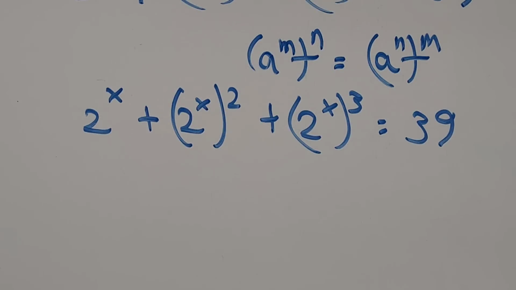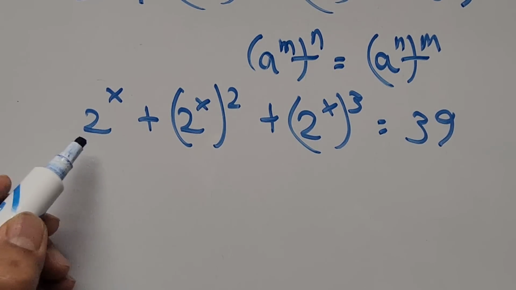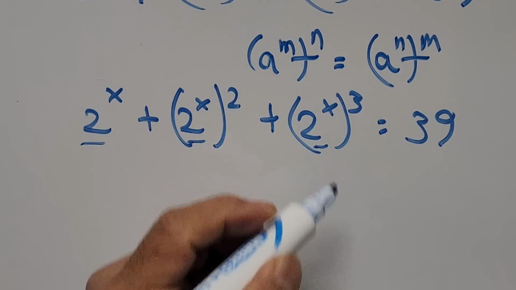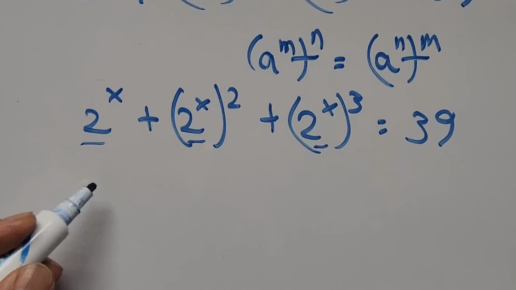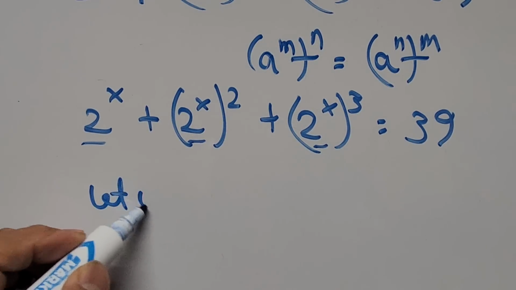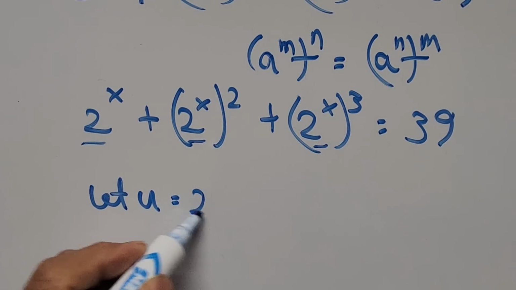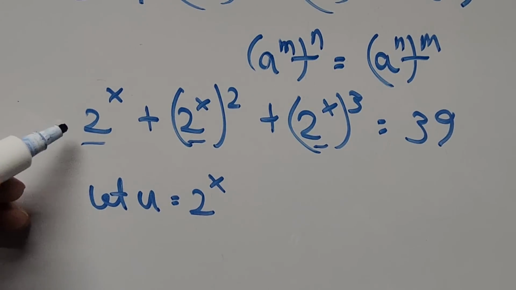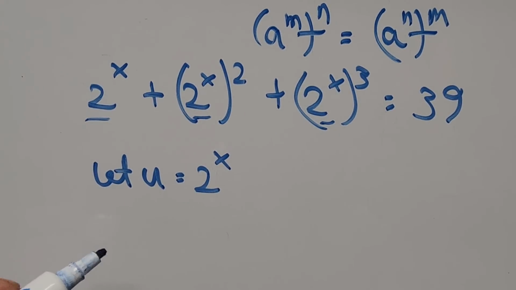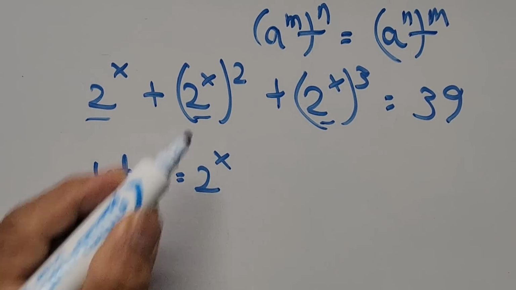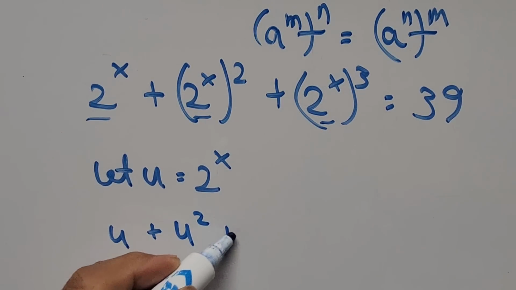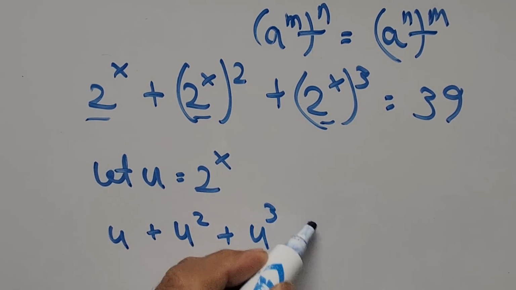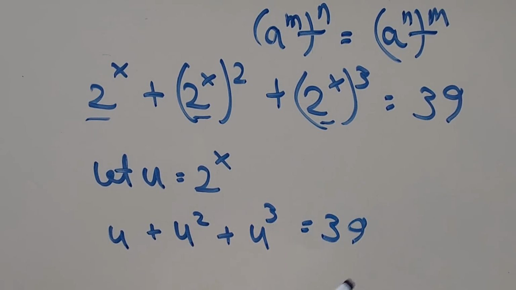So now let's designate a variable that represents 2 to the power of x, and that variable is u. So let u be equal to 2 to the power of x, and let's use this variable in our equation. So we have u plus u squared plus u cubed equals 39.